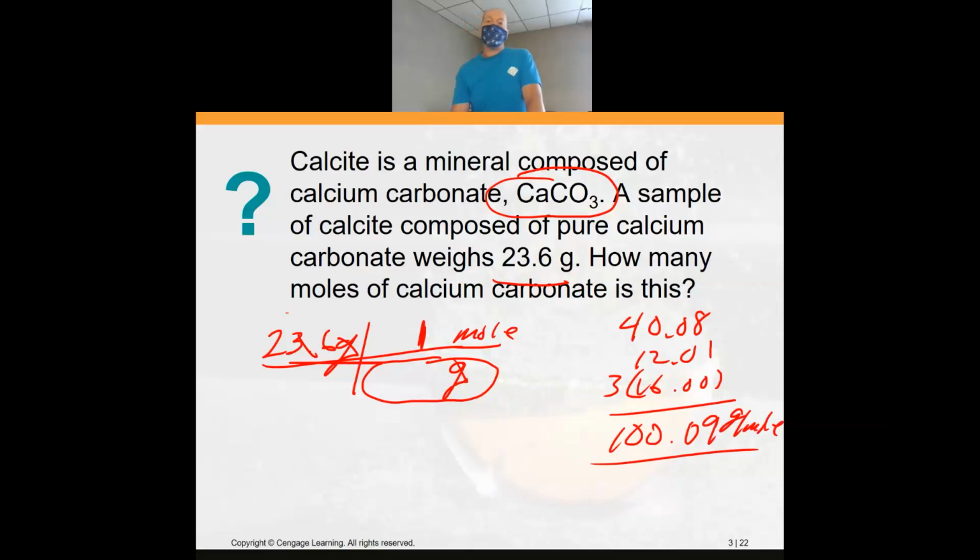So you have your molar mass. Once you have your molar mass from the periodic table, you simply put it with the grams. 100.09 grams is 1 mole. So you take your 23.6, divide by 100.09, and you get 0.236.